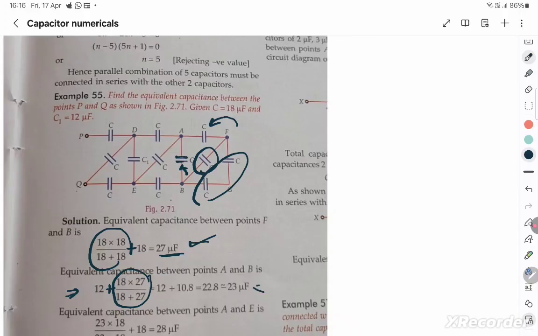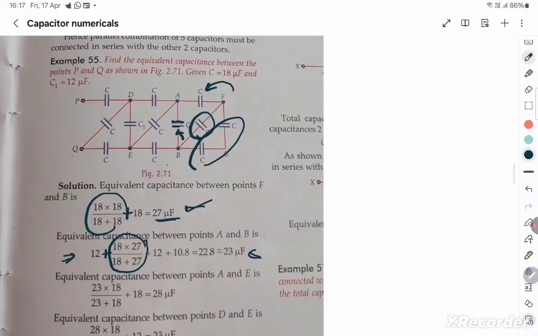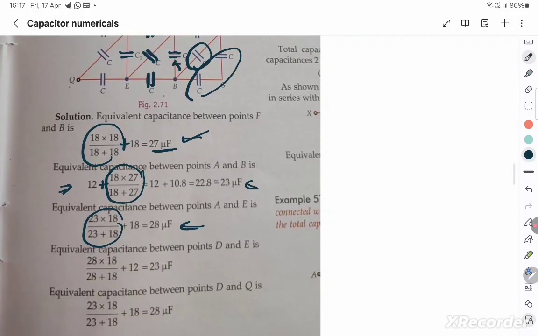That answer that you get is 23 microfarad, and that again is going to be in series with the C, which is 18, and then parallel again with this 18, so plus 18, and you get 28 till here, and that is now in series with the C and is in parallel with this. So you just keep on doing that and you get the answer.